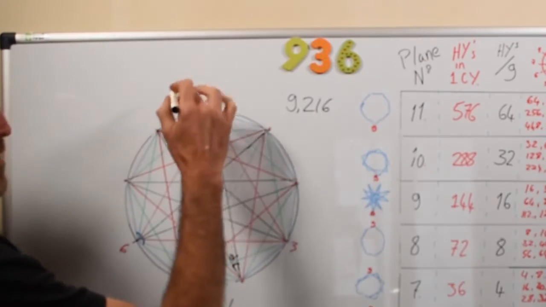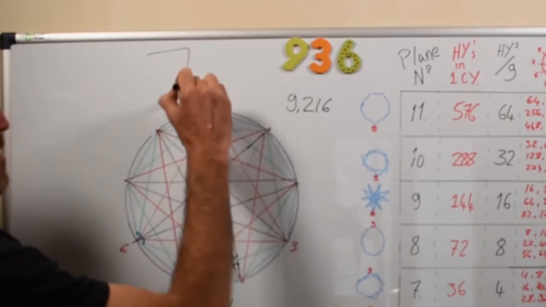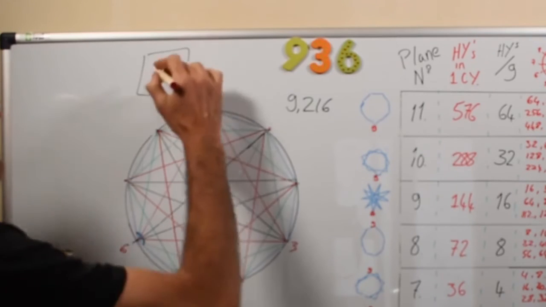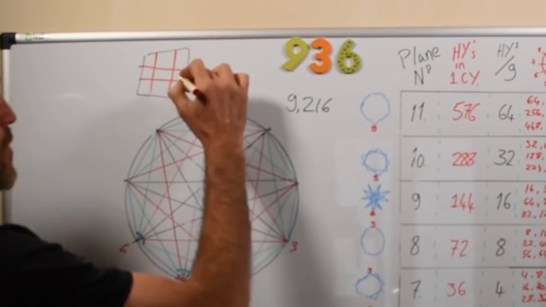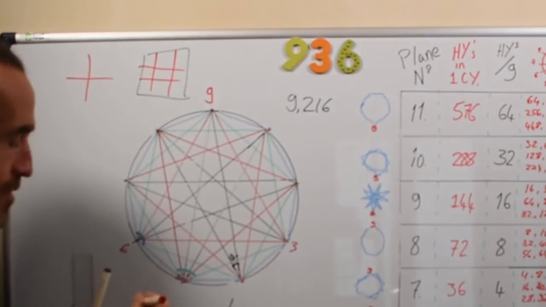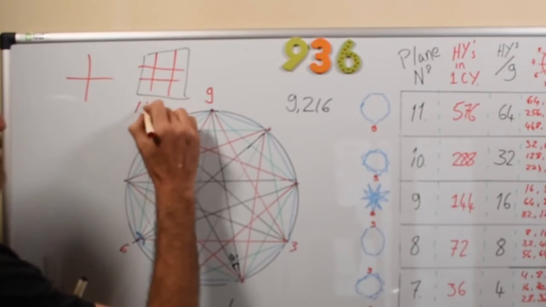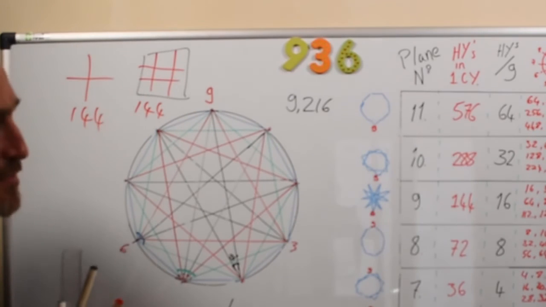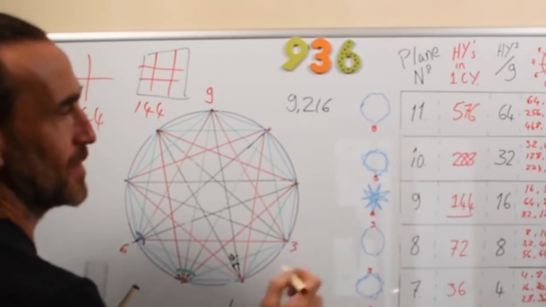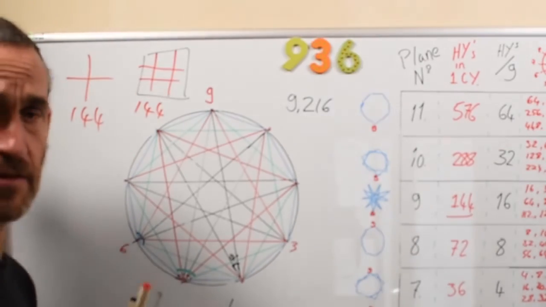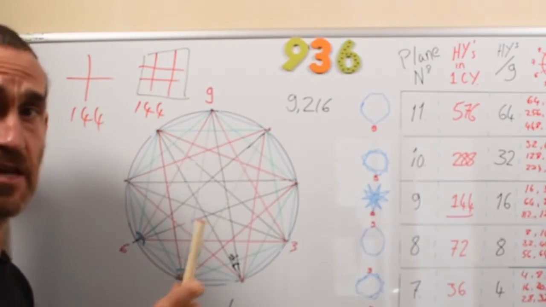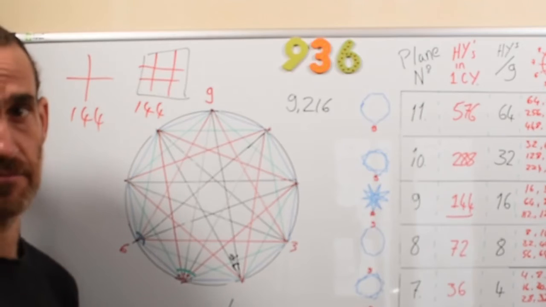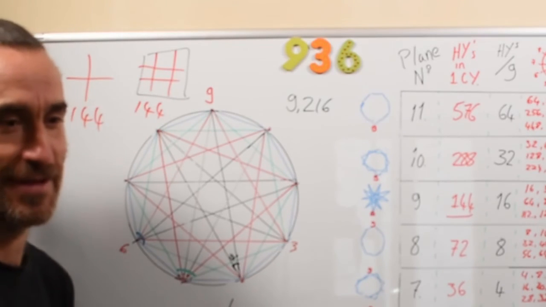For example, on the magic grid, the hashtag and the cross both add up to 144, and 144 is also the amount of human years in one celestial year in plane 9. It's a mouthful.